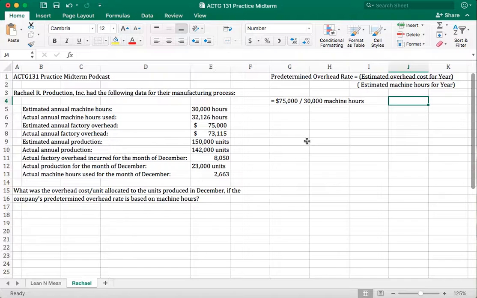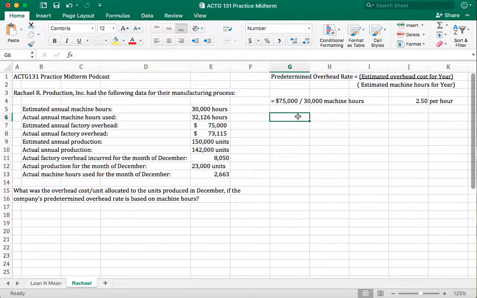Once you've done that, you have now calculated that each machine hour that the product uses will be $2.50 per machine hour. So we needed that, and let me put that here per hour to remind you.